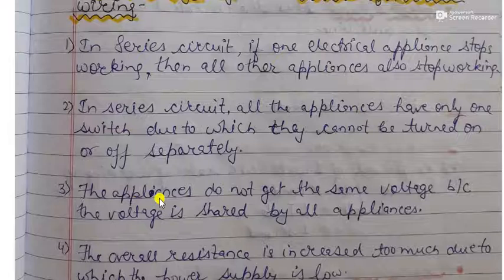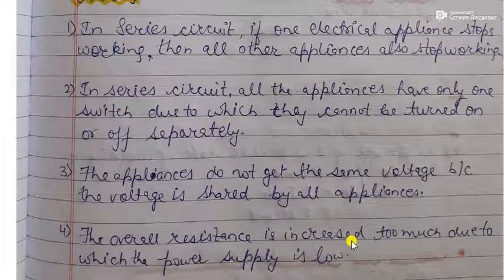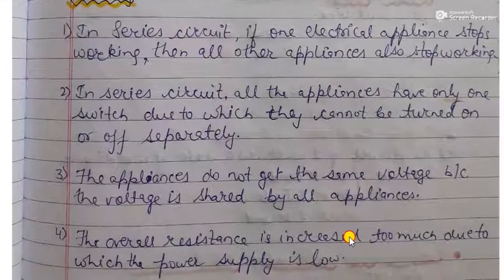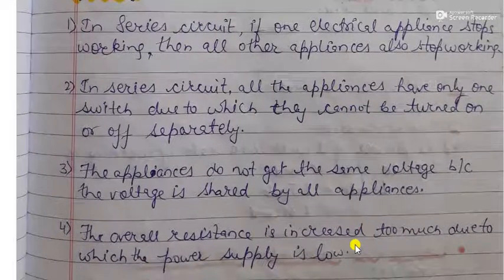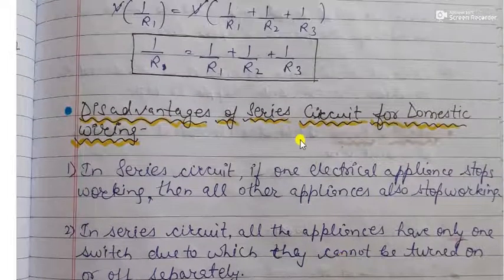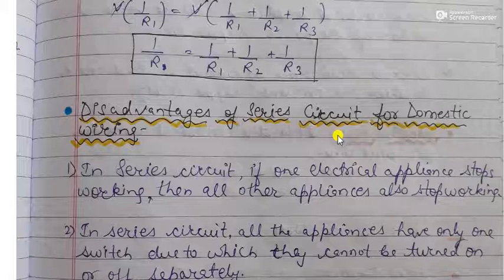The appliances do not get the same voltage because the voltage is shared by all of them. And the last one, the overall resistance of the circuit in a series connection is increased very much, and due to this power supply is low. So these are the disadvantages of series circuit for domestic wiring.